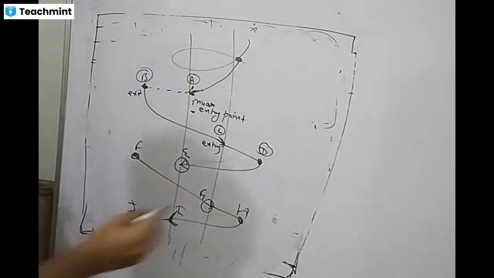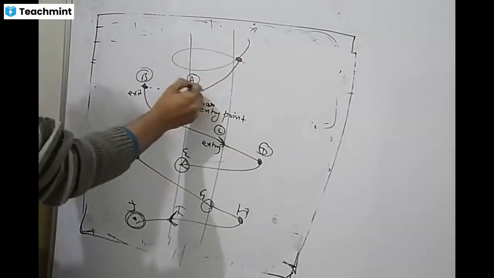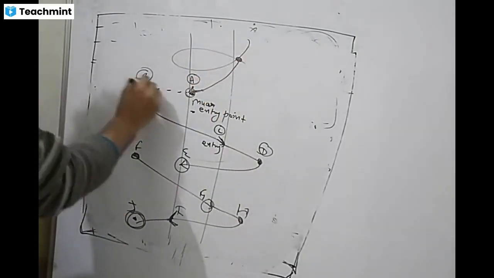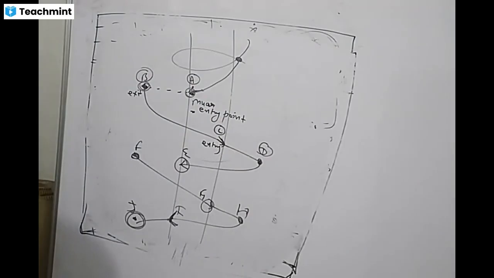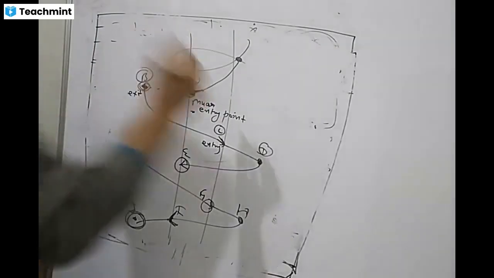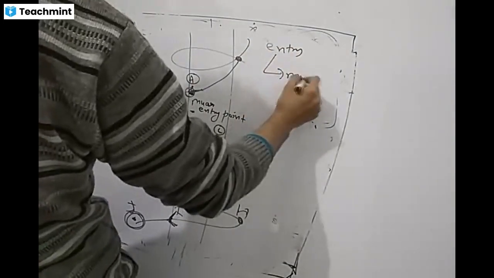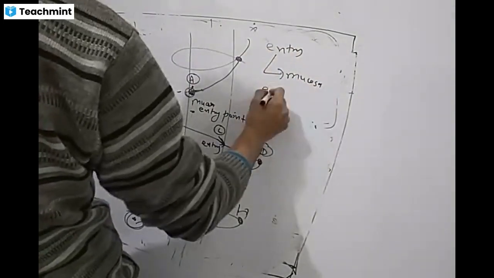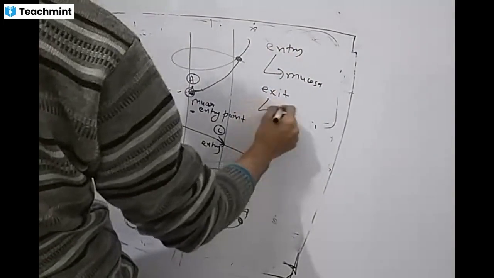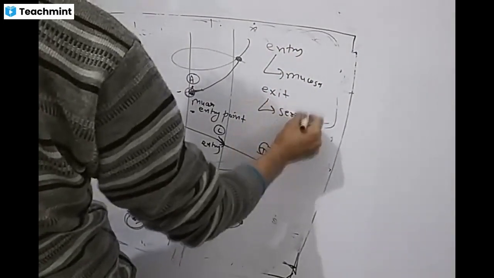So in this pattern, we are entering from the mucosa, exiting from the serosa. Every time entry is from the mucosa and every time exit is the serosa.